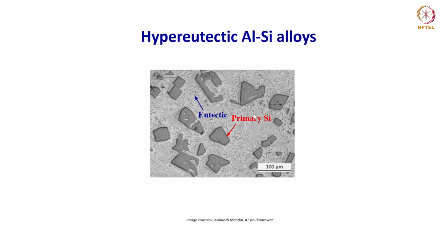But the one problem that you might face in this case, again due to the presence of this kind of morphology for the primary silicon, is the reduction in the ductility, okay? So if you look at some of the alloys in this category, we have 390.